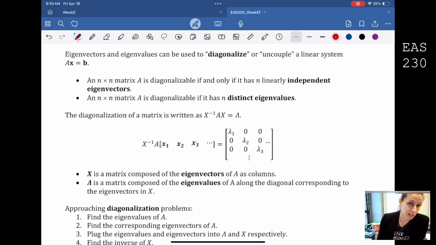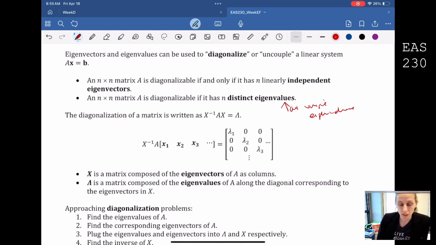It's going to have n independent eigenvectors if it has n distinct eigenvalues. So if all the eigenvalues are unique, then it's going to have independent eigenvectors, which means we can diagonalize the matrix.